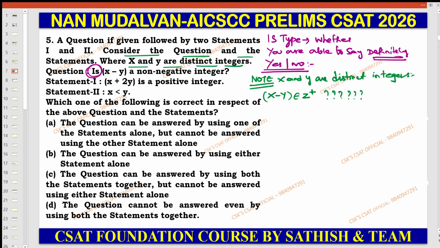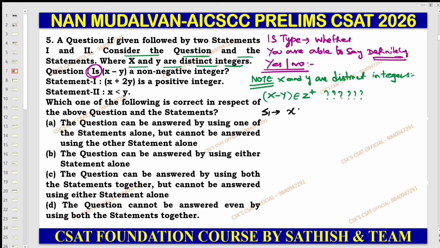Now let's focus on the statements. Statement number 1 says here x plus 2y is a positive integer, belongs to Z plus. Here you can take x and y as distinct integers, x comma y belongs to Z. Please understand, distinct integer, different integer.